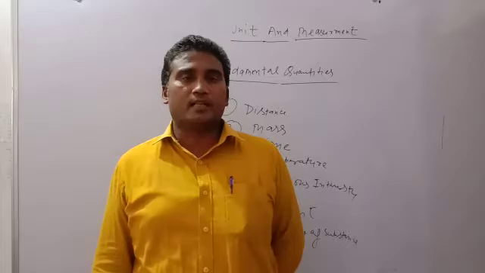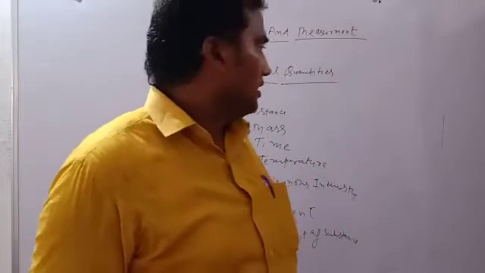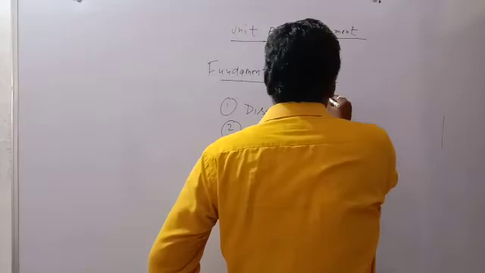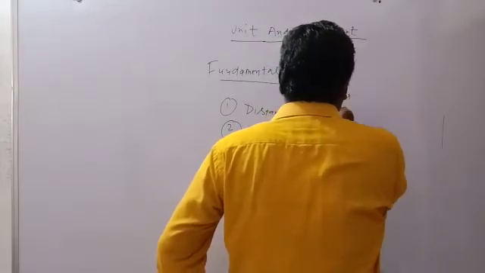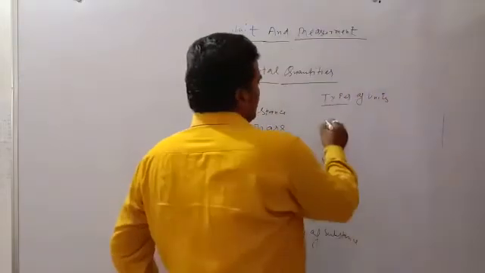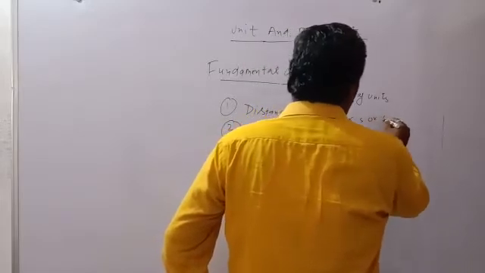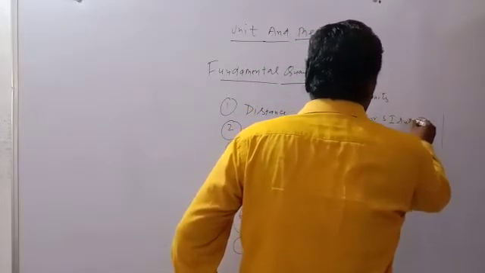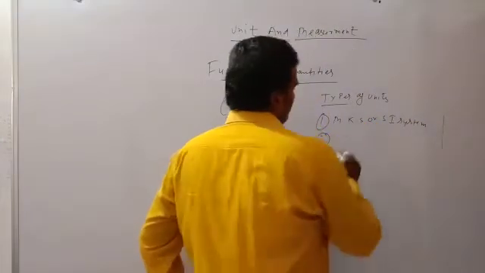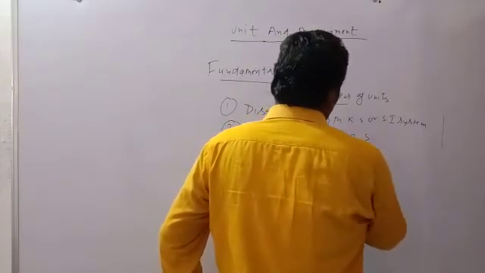Second is CGS, centimeter gram second, and third is FPS, foot pound second. First, MKS or SI system. Second, CGS. And third, FPS.